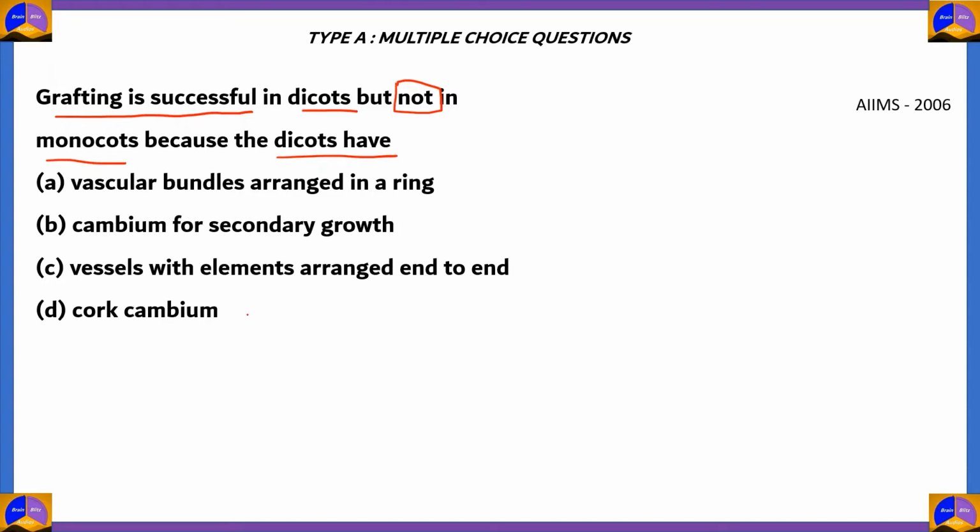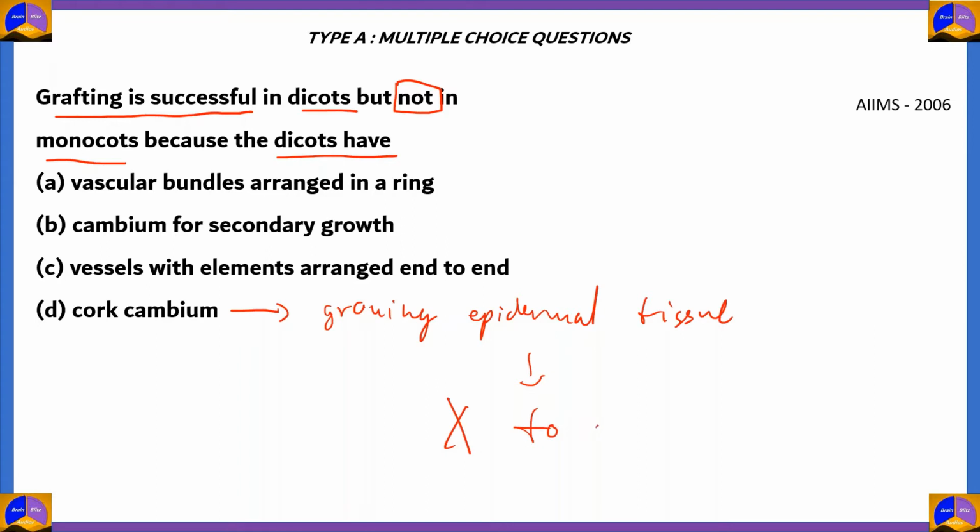Cork cambium is option D. Cork cambium helps in growing epidermal tissue. So that means no contribution to vascular tissue. Therefore, option D is incorrect.